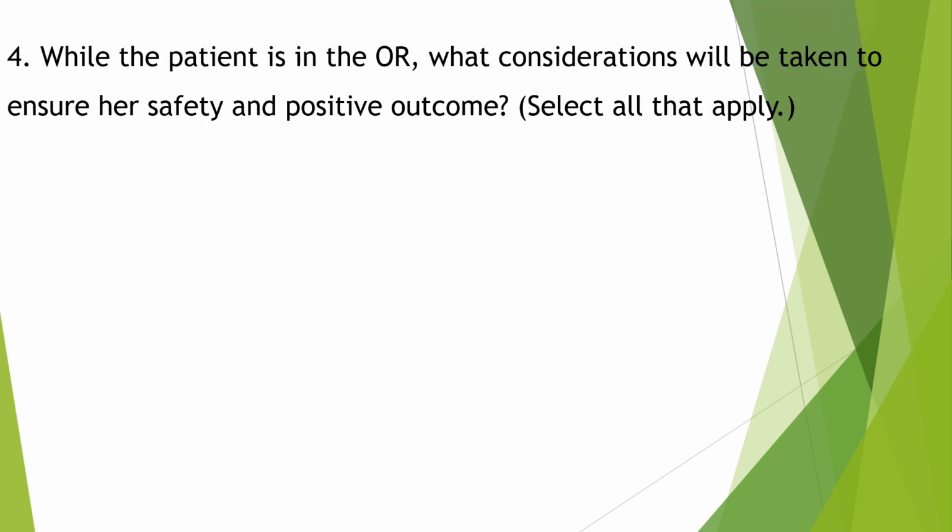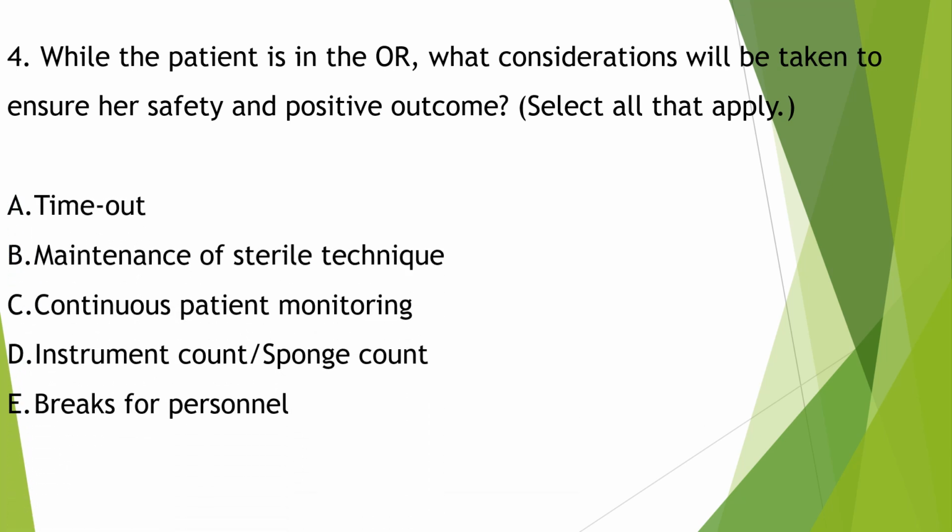While the patient is in the operating room, what considerations will be taken to ensure her safety and positive outcomes? Select all that apply. Is it a timeout, maintenance of sterile techniques, continuous patient monitoring, instrument count or sponge count, breaks for personnel.